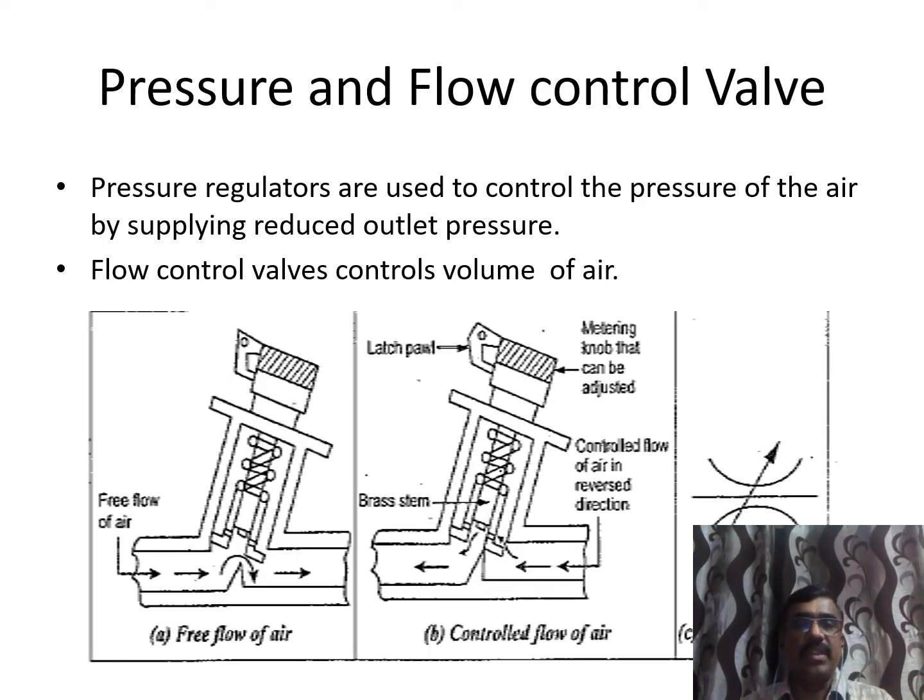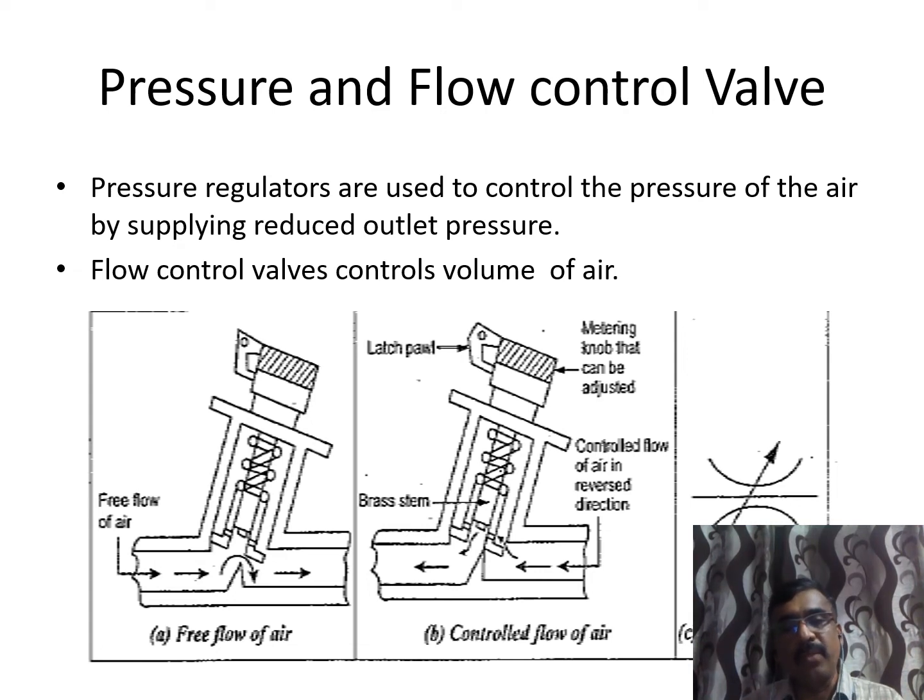The next one is pressure and flow control valves. The pressure control valve regulates the pressure and is used only to control the pressure of the air by supplying a reduced outlet pressure. The flow control valve controls the volume of the air. See there, once the free flow of air is there, it will pass by lifting this piston upward and passing through this way.